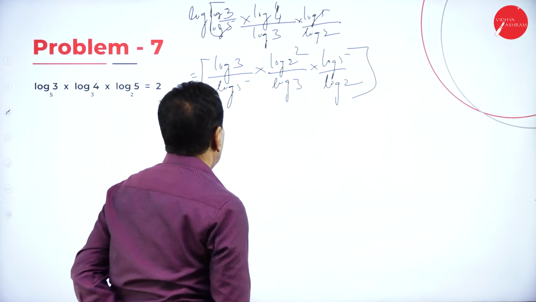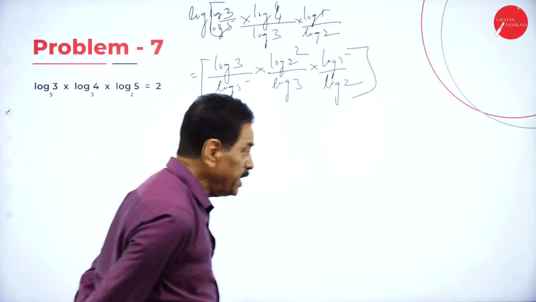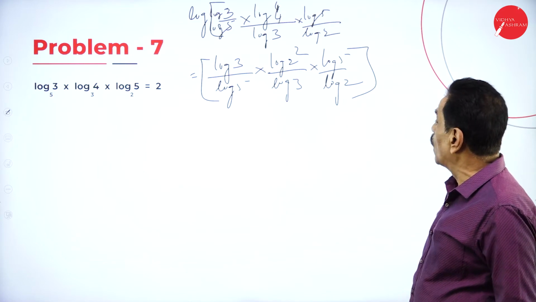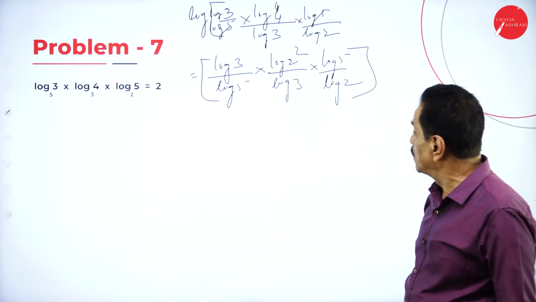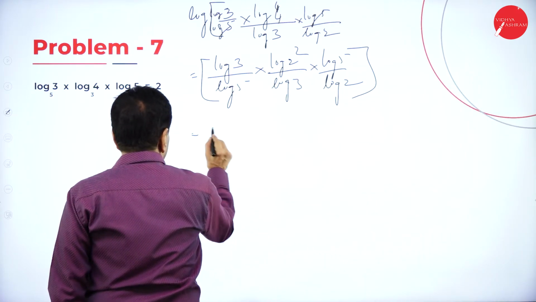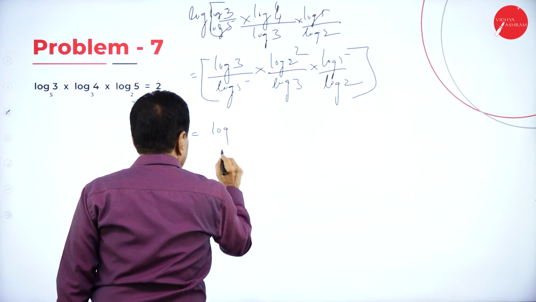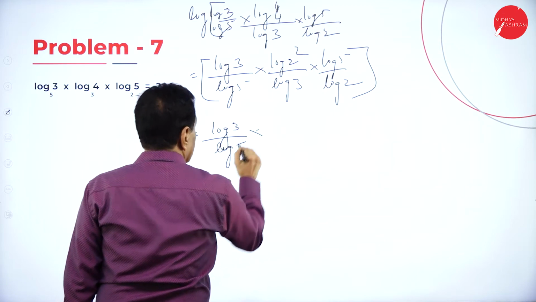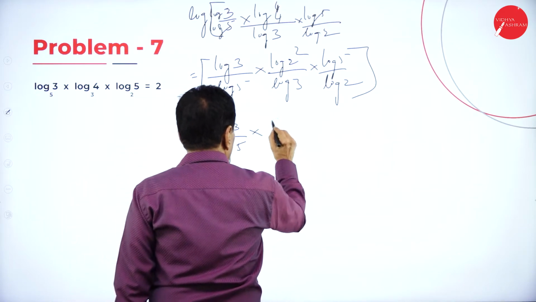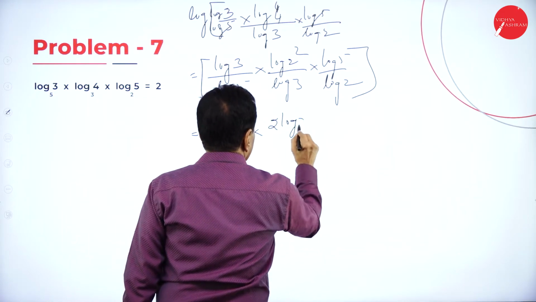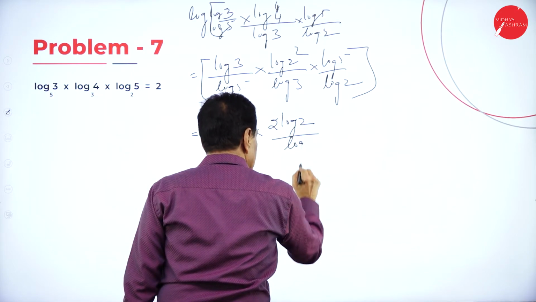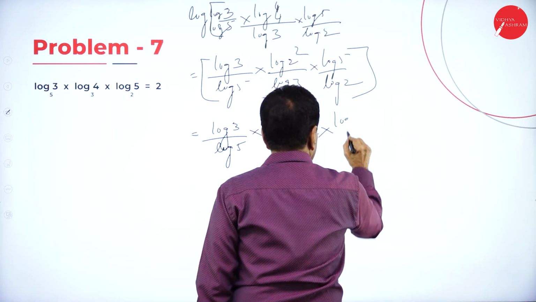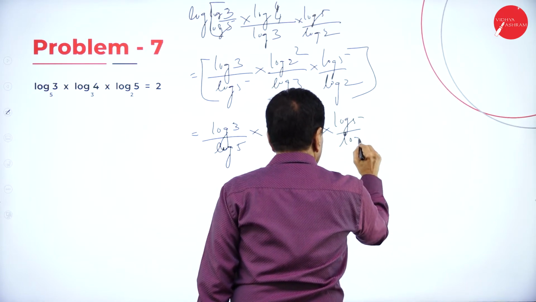I have written log 3 divided by log 5, log 2 square divided by log 3, log 5 divided by log 2. Then, this can be written as log 3 divided by log 5 into 2 log 2 divided by log 3 into log 5 divided by log 2.